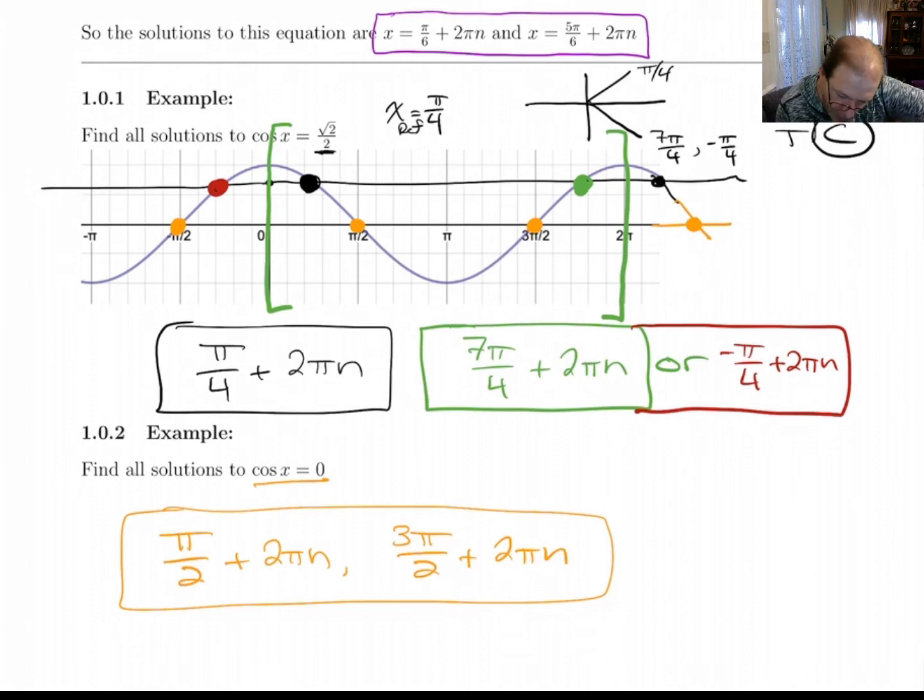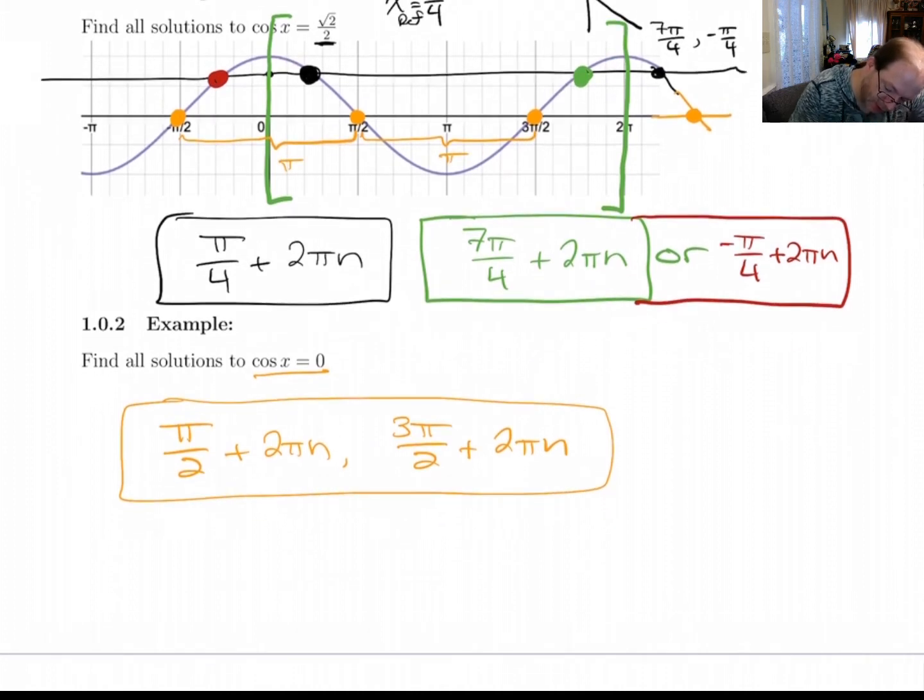The reason is, if you look at the distance between these, the distance from here to here, and then the distance from here to here, those distances are pi. So we can collapse this into just pi over 2 plus pi n.